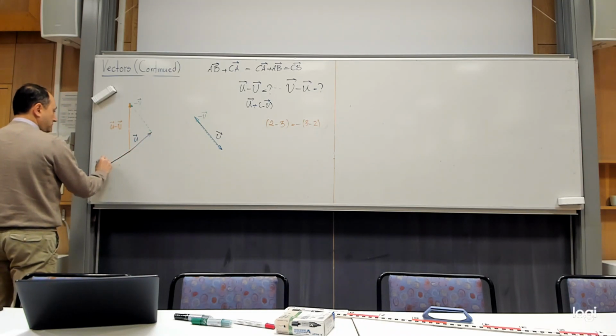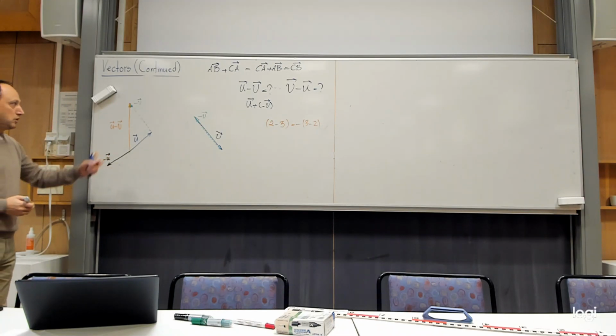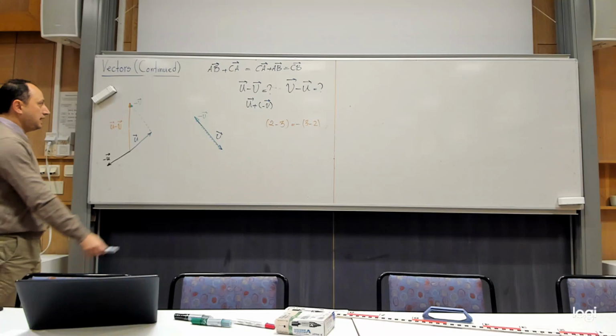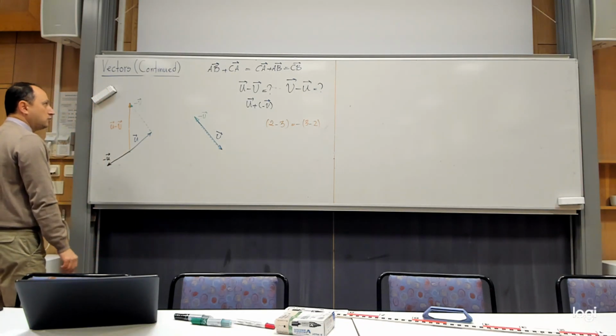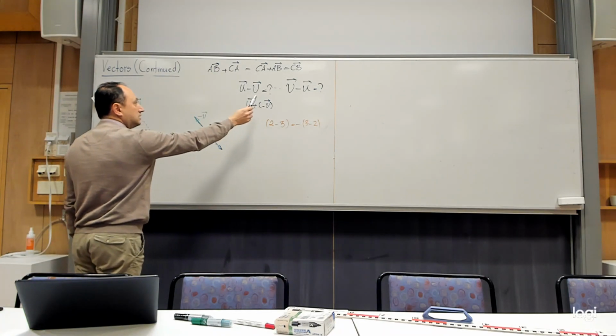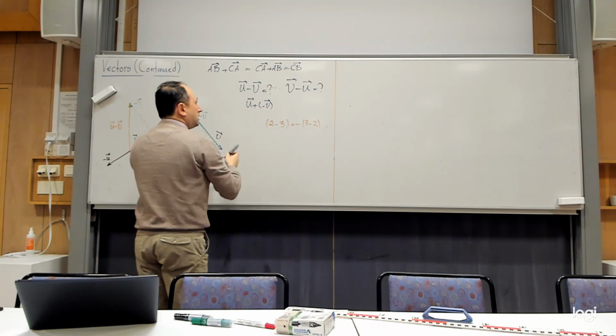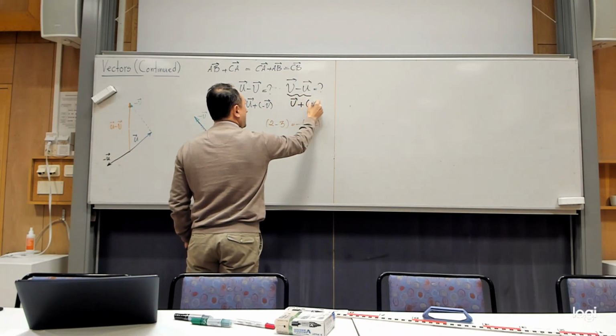I can call this also minus u. That is one way of drawing minus u. And now I have this blue vector. I want to add v to this. I want to write this as v plus minus u.